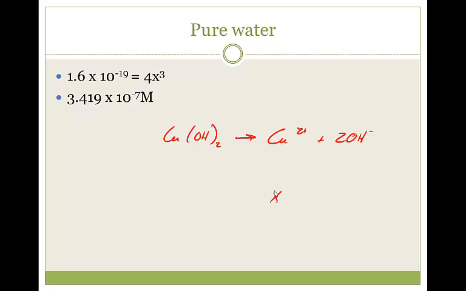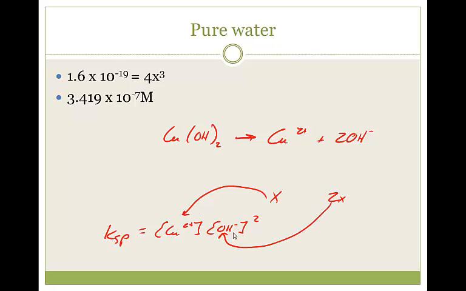The results of the ice table will be this, and the Ksp expression equals basically our copper concentration times hydroxide squared. We'll put x into there, we'll put 2x into there, so we get x times 4x squared, and that's where the 4x cubed came from up here.